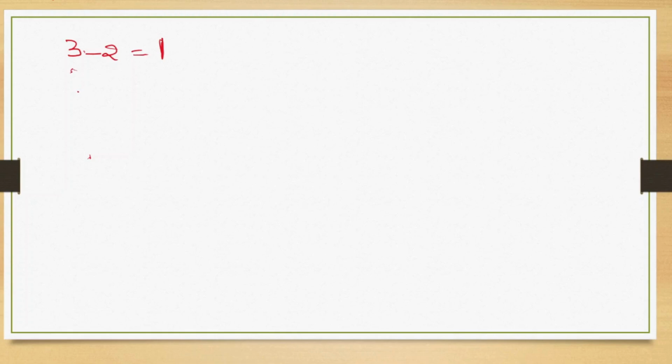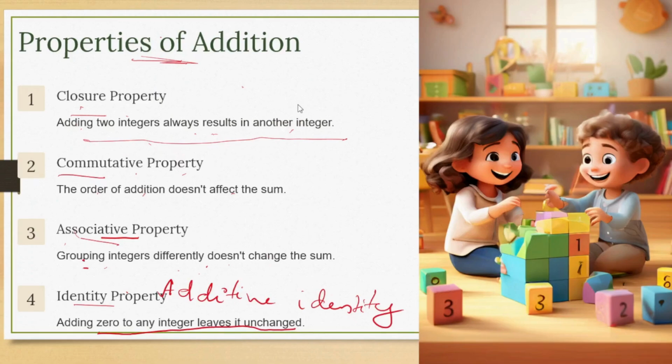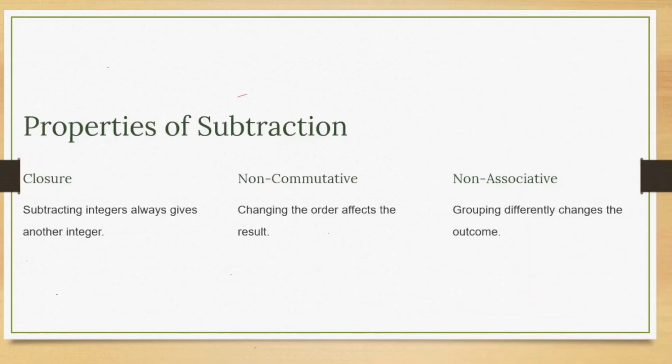That is, if we subtract an integer from another integer, we get what? An integer as a result. Subtracting integers always gives another integer.